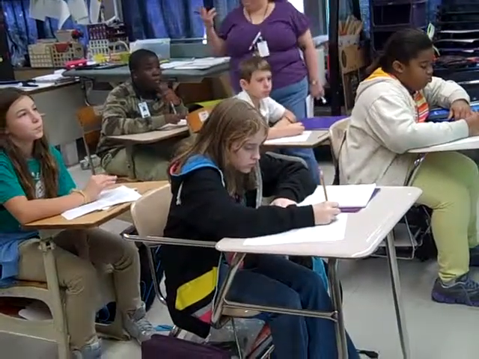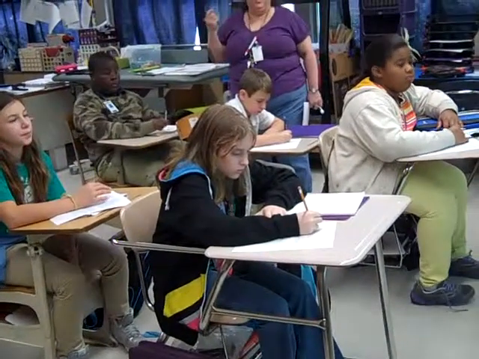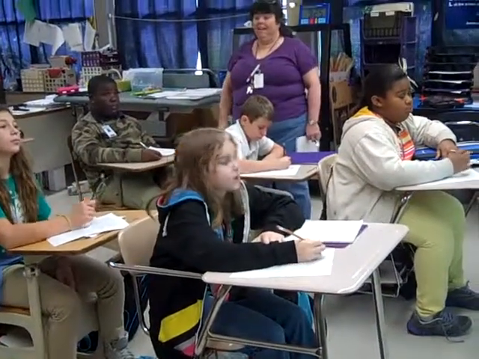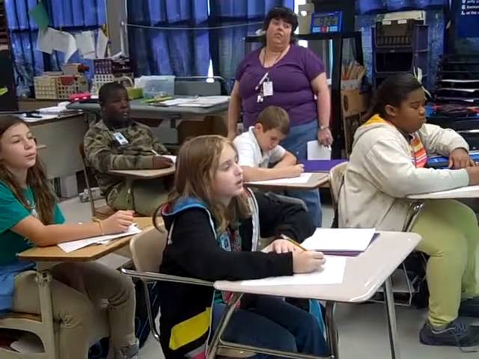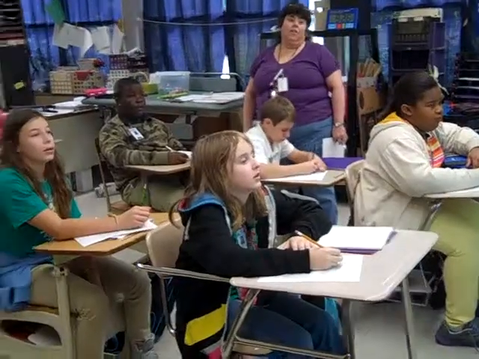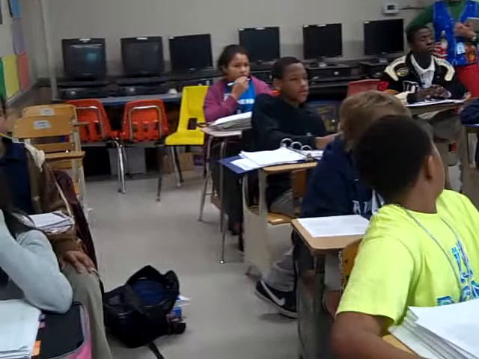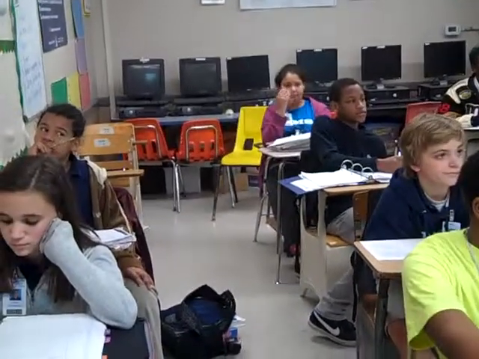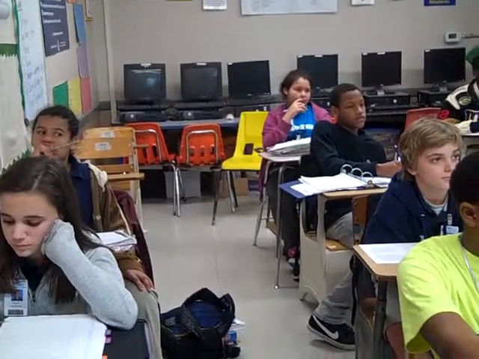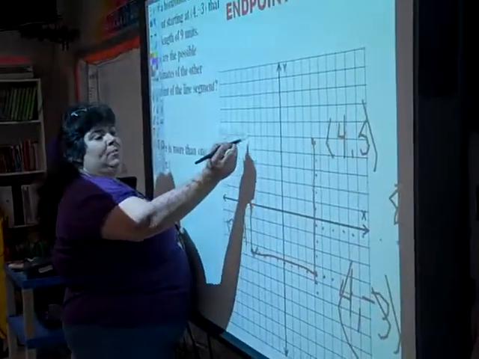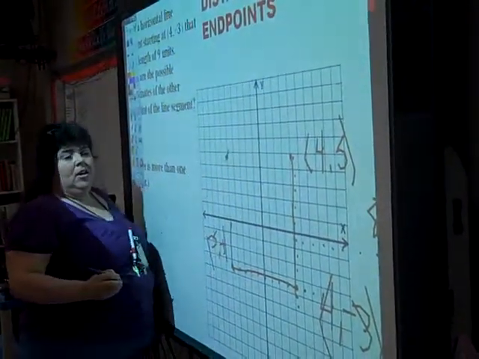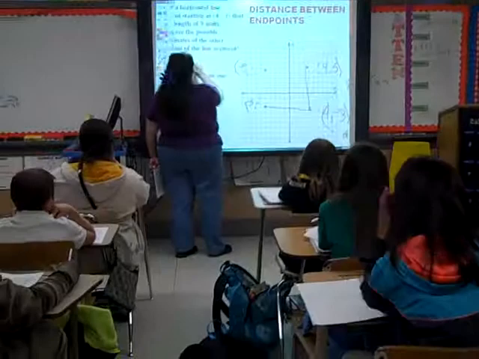The fourth vertex, the fourth point. Where would it be? Quadrant 2. I like that. It matches up with negative 5. It'll be positive. 5 spaces up, from the line. Okay, so it'd be right here. And then what would be the ordered pair?